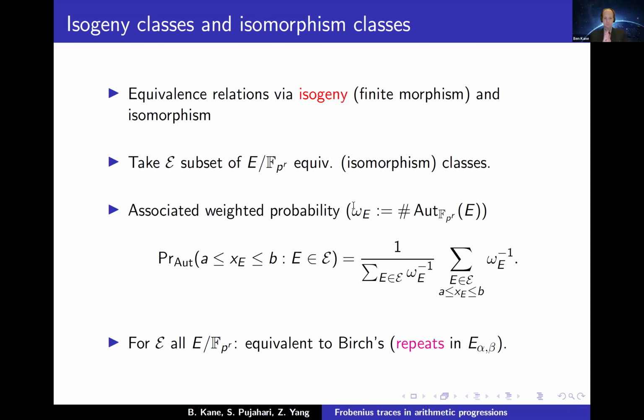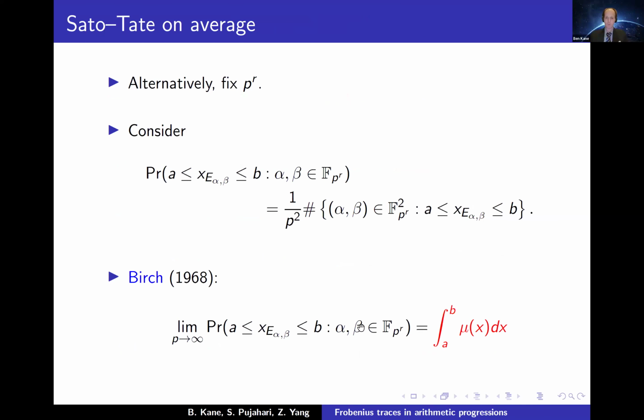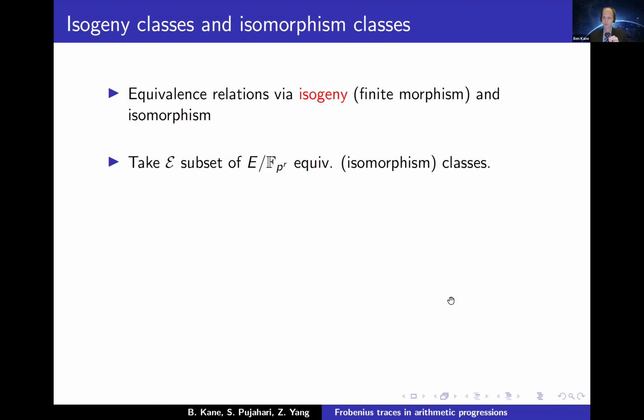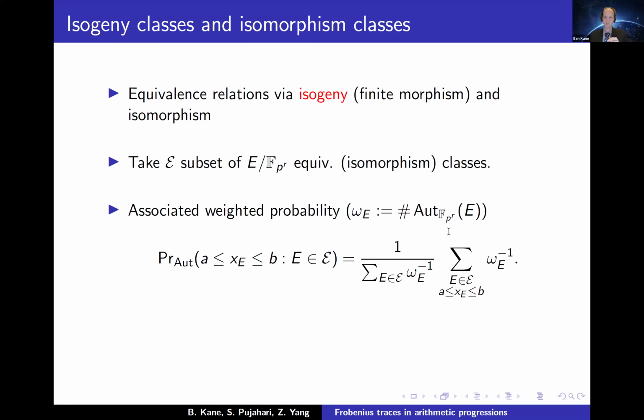So in Birch's case, he runs across all the elliptic curves where you vary the parameters alpha and beta. And in my case, I'm only going to look at isomorphism classes weighted by 1 over the number of automorphisms of the elliptic curve over the finite field. And it turns out that these questions are equivalent, actually.